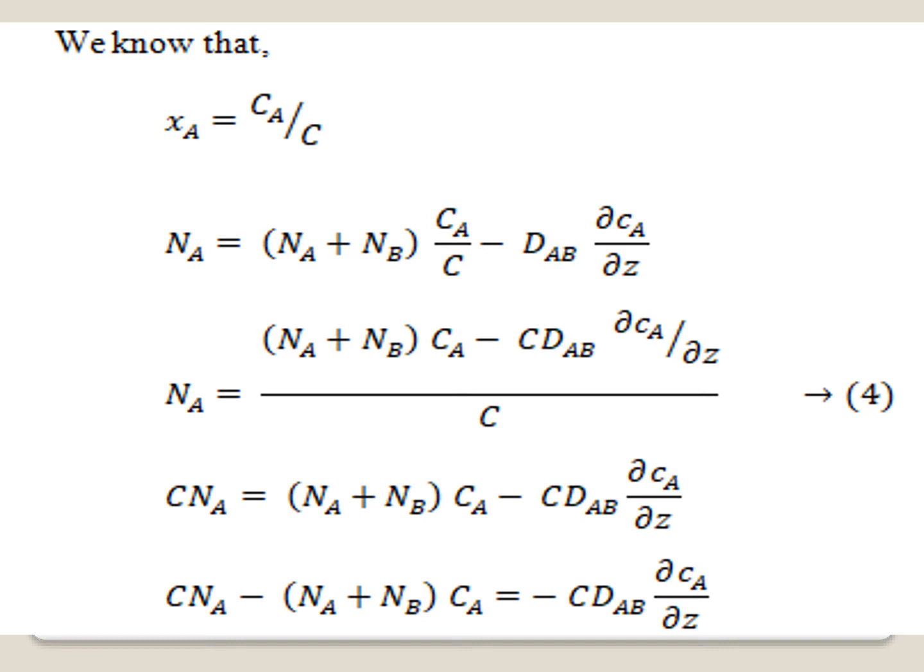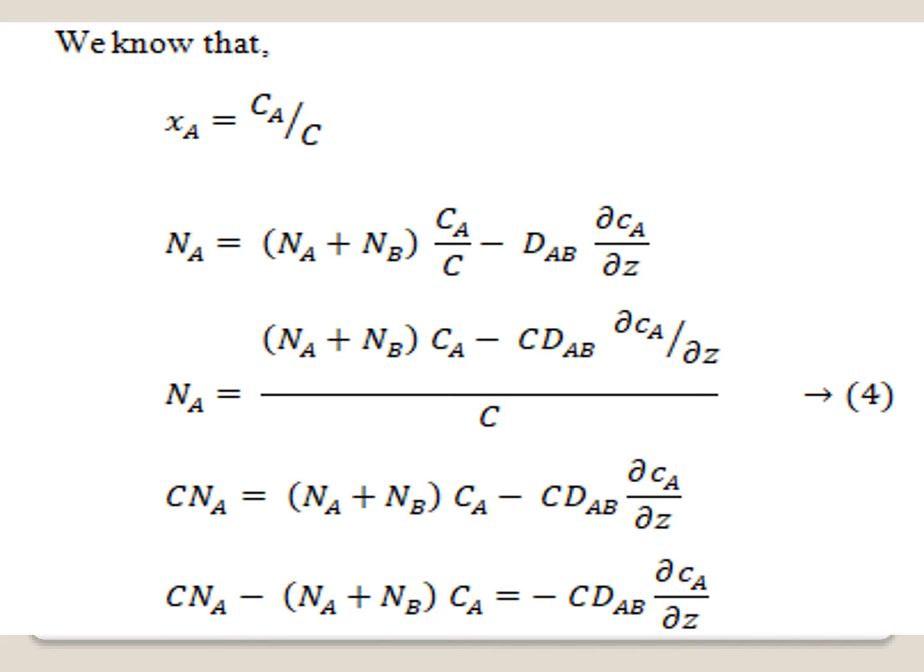We have the expression, so replace Xa in terms of concentration: Na is equal to Na plus Nb into Ca by C minus Dab dou Ca by dou Z. So here take LCM: Na is equal to Na plus Nb into Ca minus C into Dab dou Ca by dou Z, whole divided by C. This is the fourth expression.